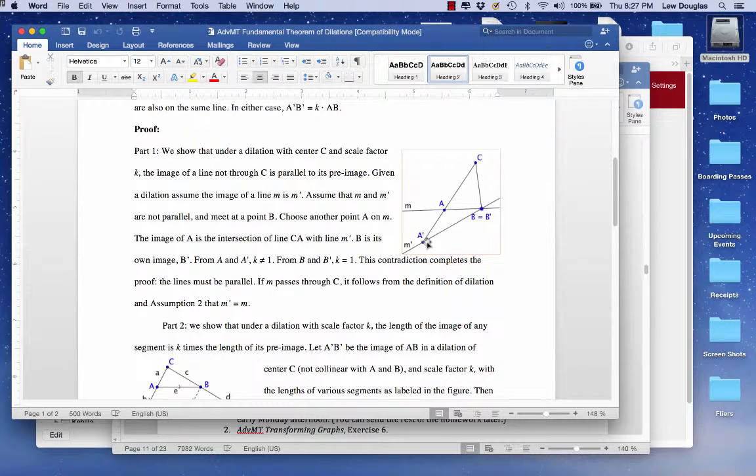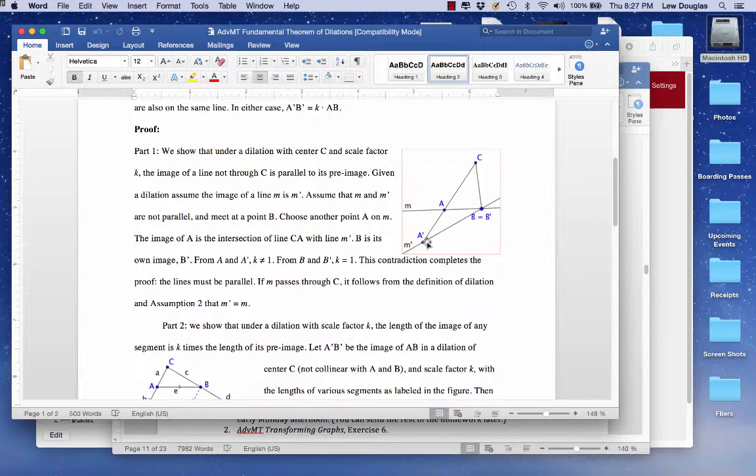So we assume that they're not parallel, so they have to meet at some point. Suppose that point is B, where they meet. B is the point where the image meets, and that means that B prime has to equal B.